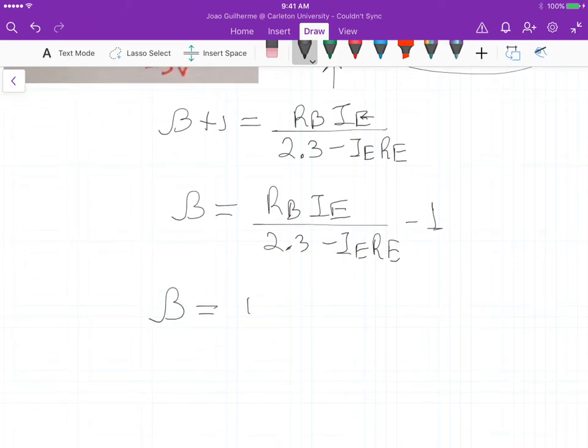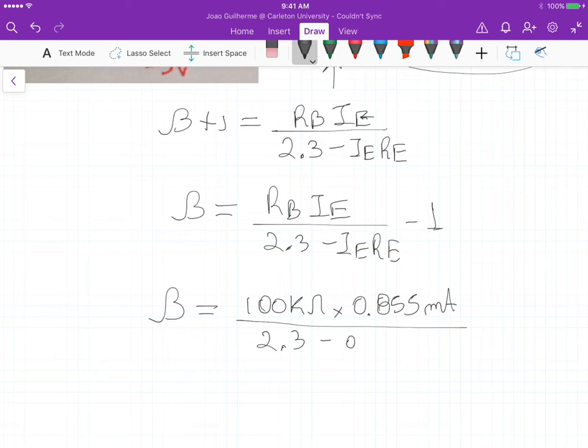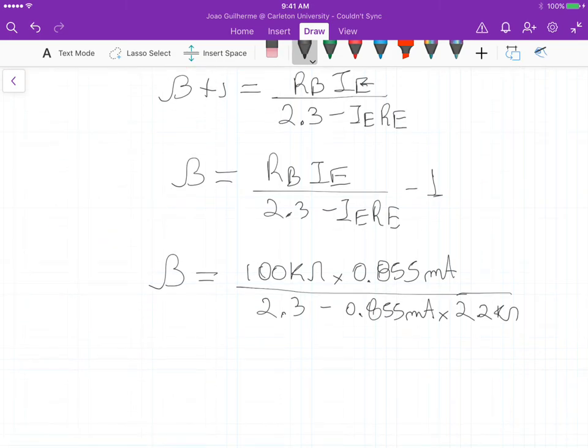So we know RB is now 100K. We know IE, so IE should be the value of IE when we had the common emitter current gain of 40 and RB equals 20K, so this current is 0.85 divided by 2.3 minus those 0.85 milliamps times those 2.2 K ohm, minus 1.